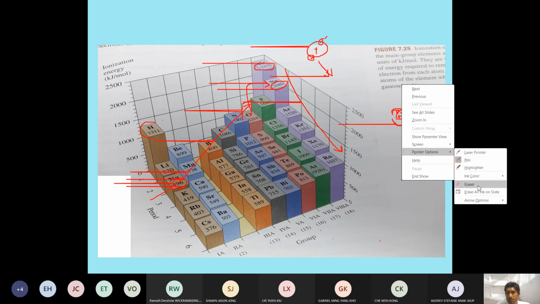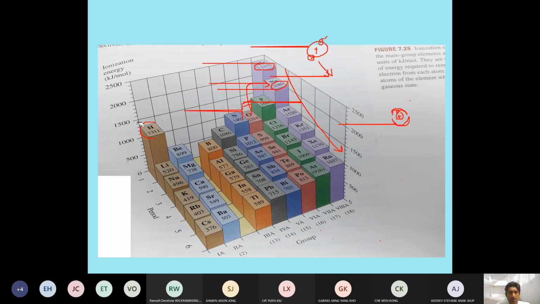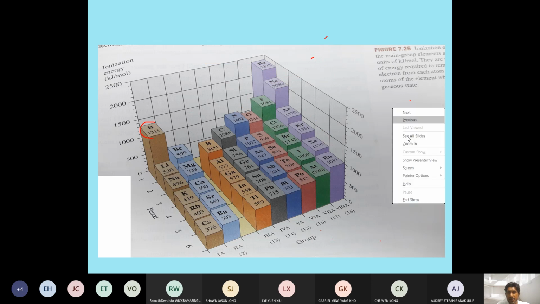Pointer option. Let me delete it. So you see that sodium is just 419.96. Potassium is even lower. Cesium is even lower. If there was francium, it would be lower than this.